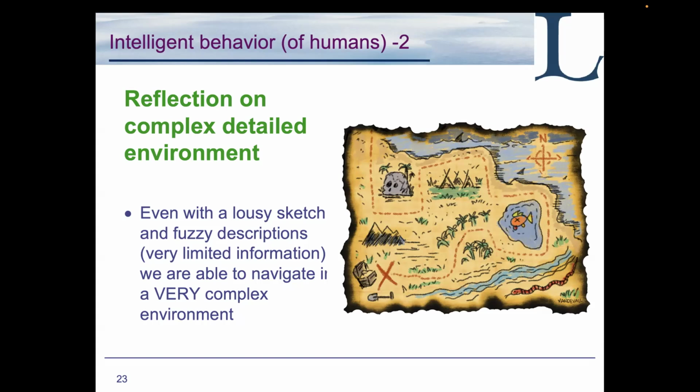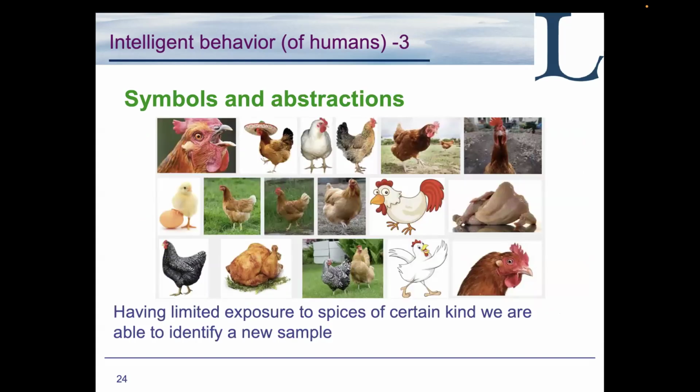Here we are not talking about just symbolic reasoning, but we want to have this link, the grounding. Symbols and abstractions are a very essential behavior, and one of the unsolved challenges of artificial intelligence is how to actually enable learning of this.